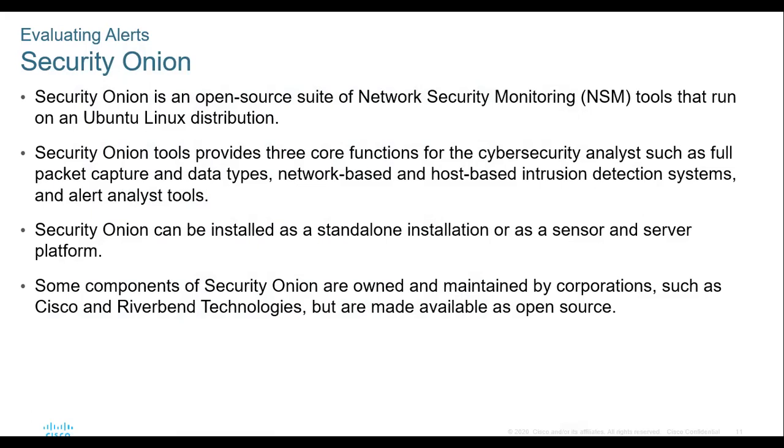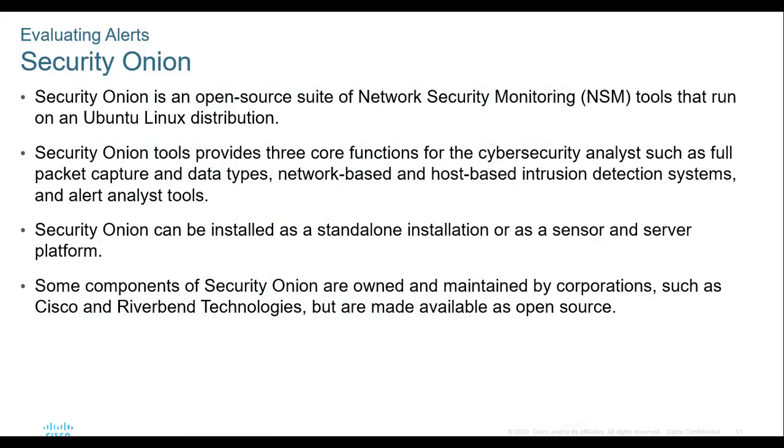So Security Onion tools provide three core functions for the cybersecurity analyst: full packet capture and data types, network-based and host-based intrusion detection systems, and alert analyst tools. There are a lot of tools you find within the Security Onion that are integrated.